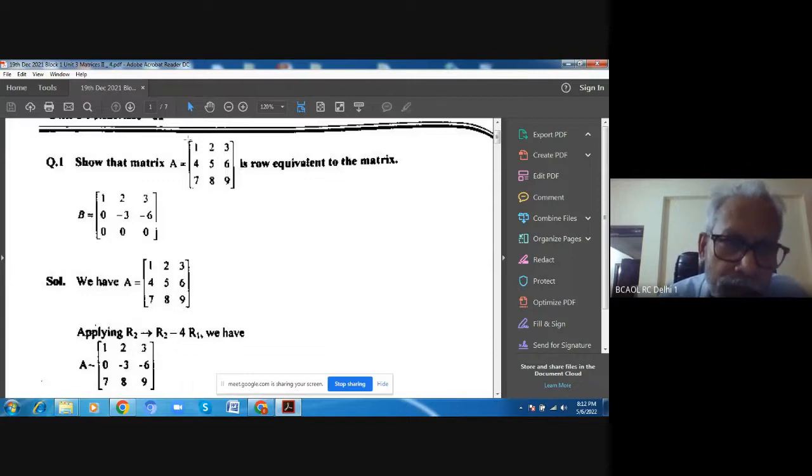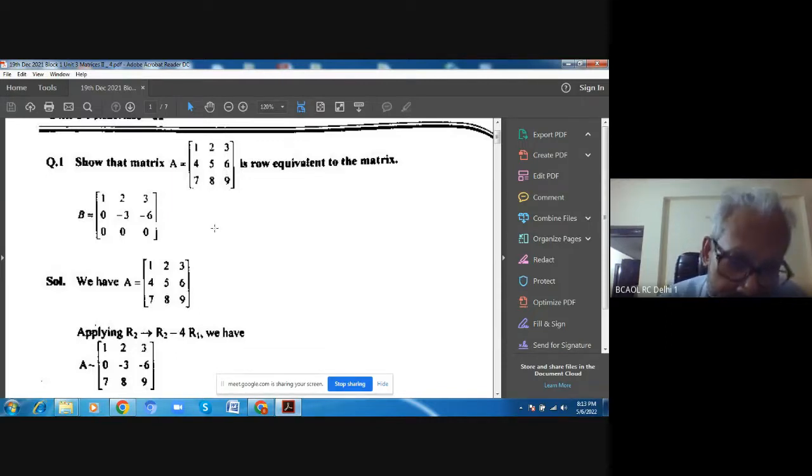Suppose the first column we represent as x, the second column we represent as y, and the third column we represent as z. Now in this case all are numerical values, so no problem. Suppose somewhere x is there, z is there, or lambda, whatever, some unknown values are involved.